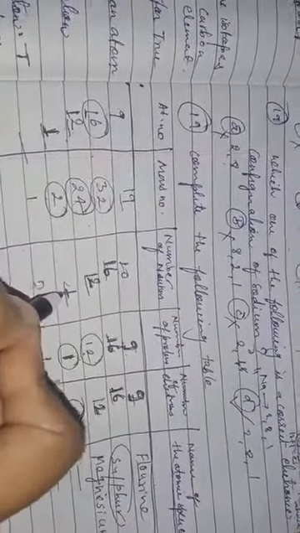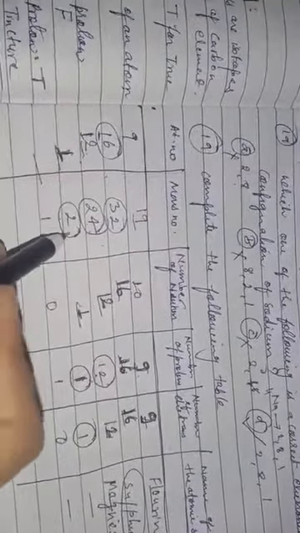The number of neutrons will be 1. Understood? The atomic number is 1 here, but the mass number is showing 2.